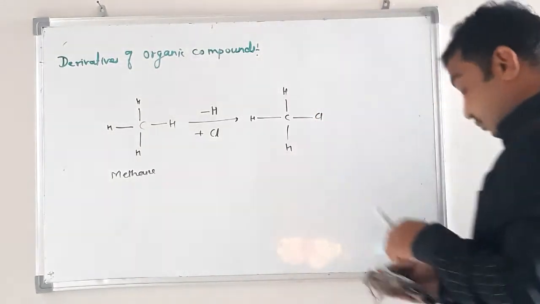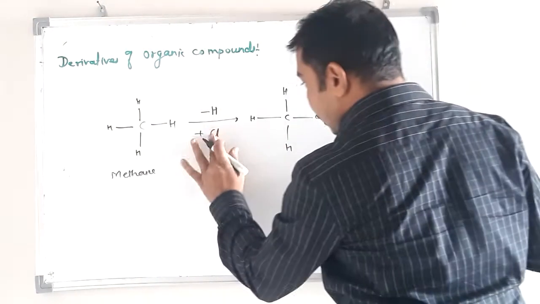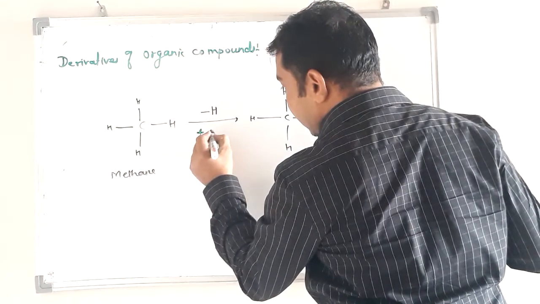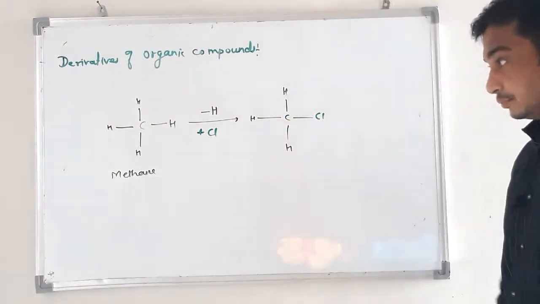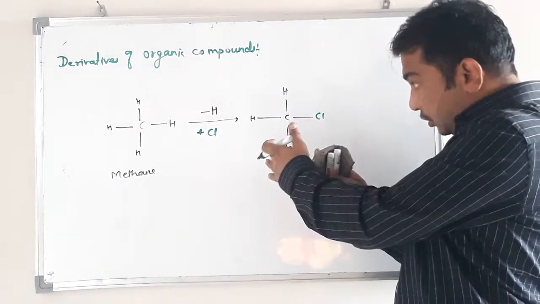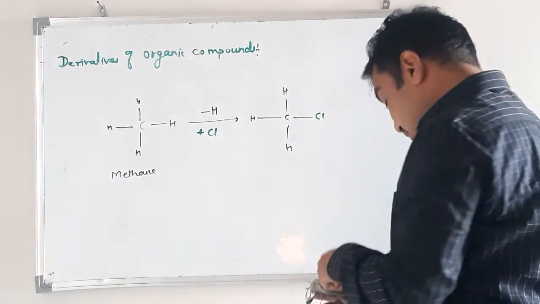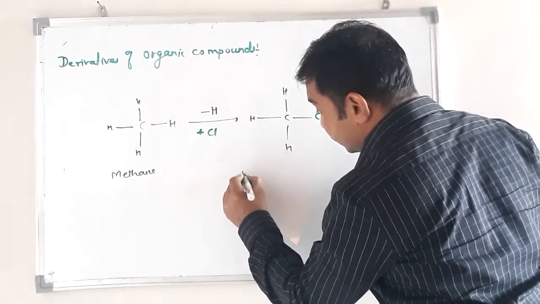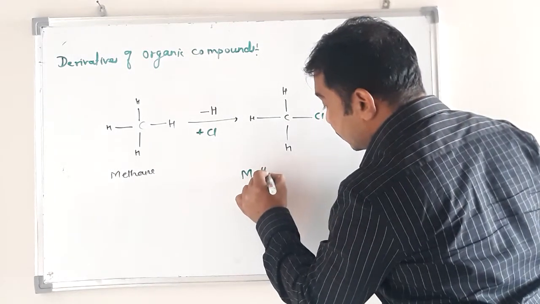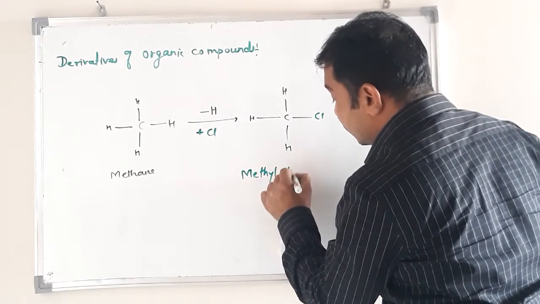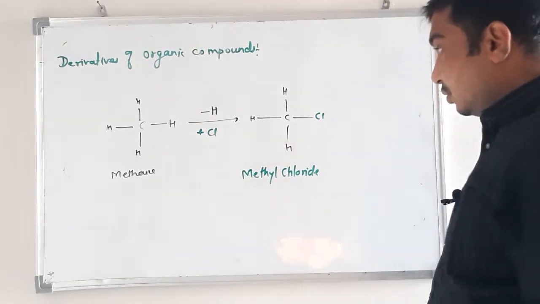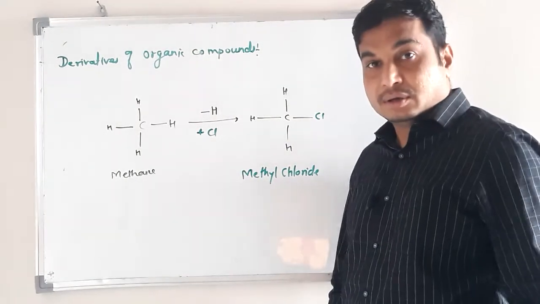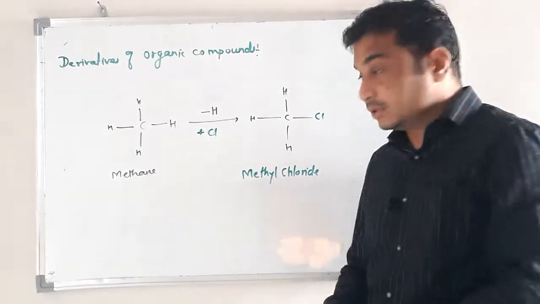CH3Cl. I have added chlorine. Now the name of this new compound obtained is methyl chloride.